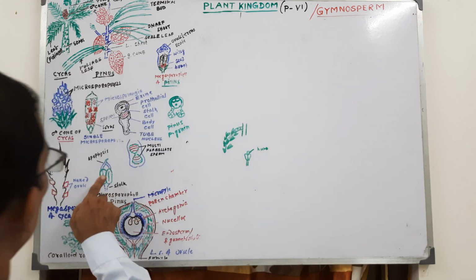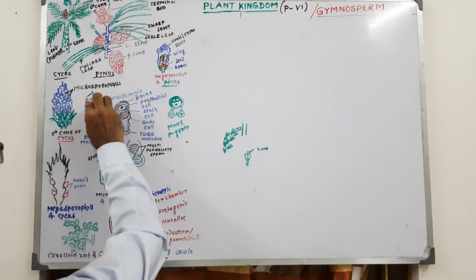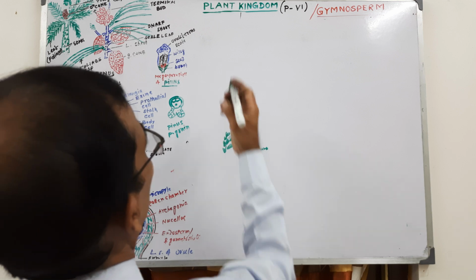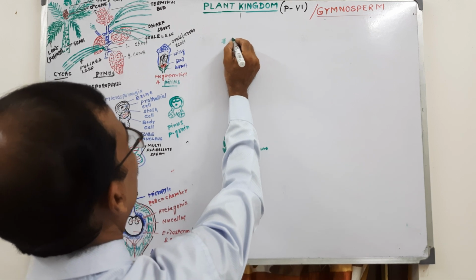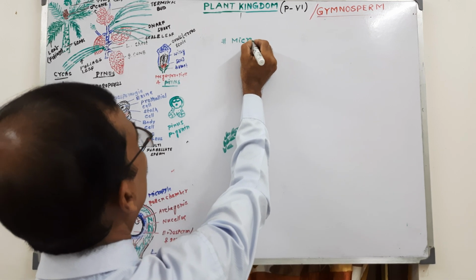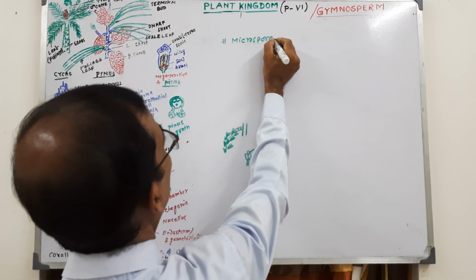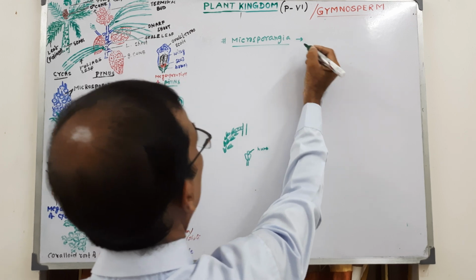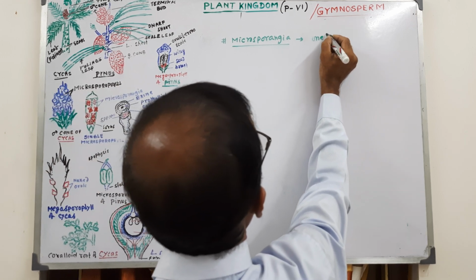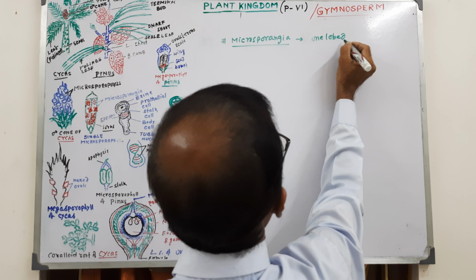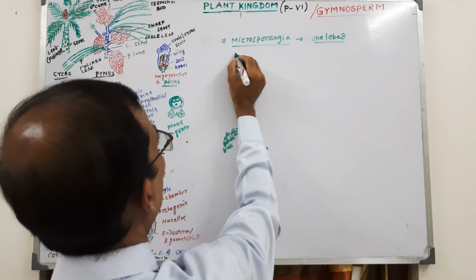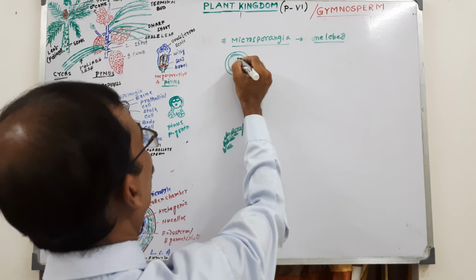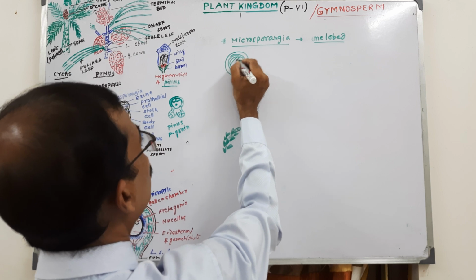Okay, in all cases the microsporangium is a one-lobed anther. Microsporangia are one-lobed structures and consist of a multilayered wall and sporogenous tissue.